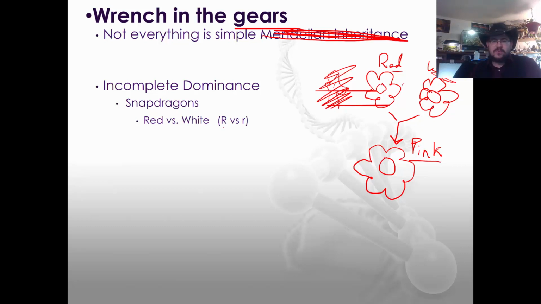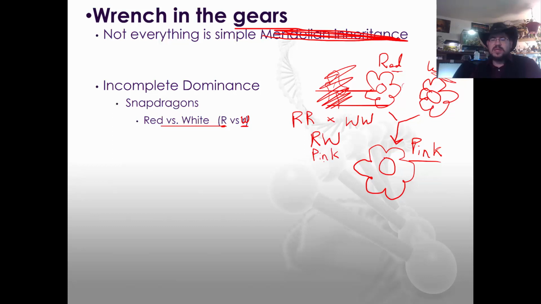So if we have our red allele and our white allele, I'm going to make that a W just because I don't want to slip into dominant recessive. So you'll have red and you'll have white snapdragons, and you get a pink snapdragon.